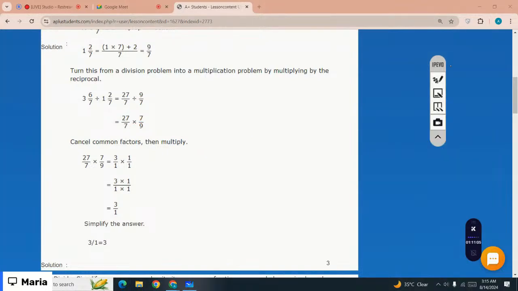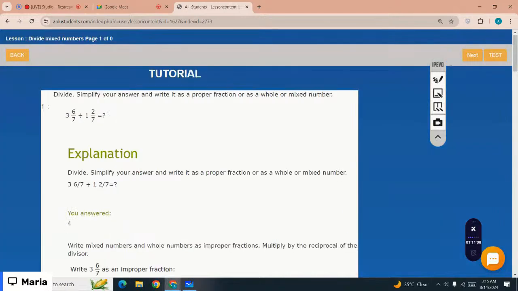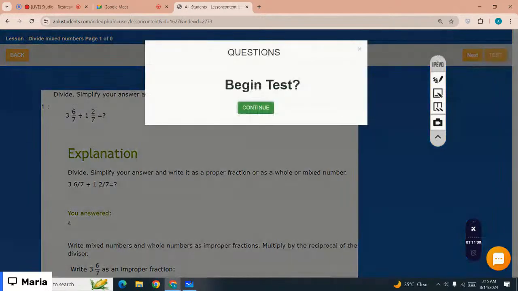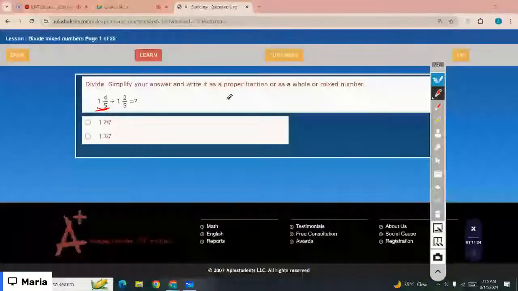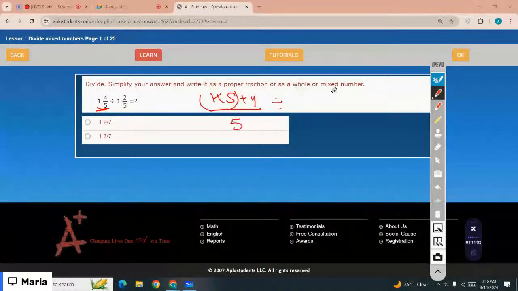Okay, let's start with the test questions. Divide 1 whole 4 by 5 by 1 whole 2 by 5. First you need to convert into improper fractions. Start with the first one: 1 times 5 plus 4, divided by 5. Same thing with the other: 5 plus 2 divided by 5.